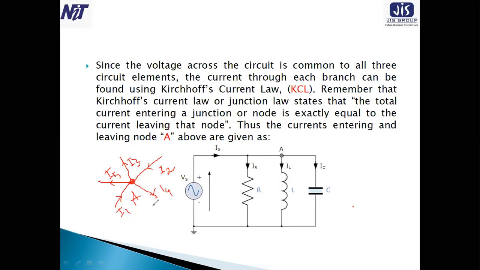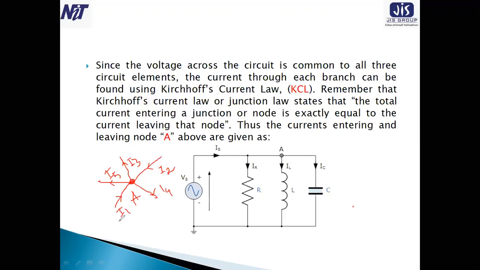So what does Kirchhoff's current law actually mean? Kirchhoff's current law means that the summation of incoming current and the outgoing current are equal.